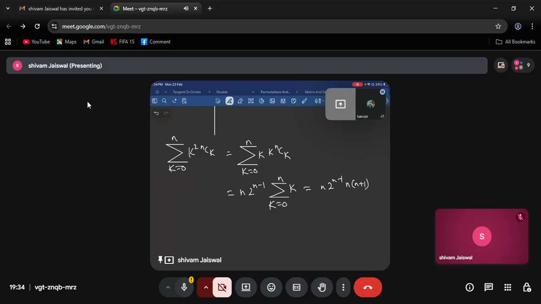Sir, here k is starting from 0, right? So the value will be the same. Yes. But why is it coming square now? That's what I'm concerned about. Like in my solution, I'm now realizing I've missed one n. I should have got that square.